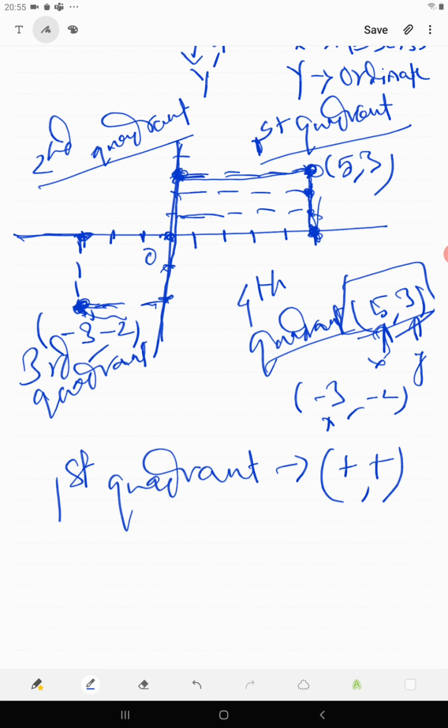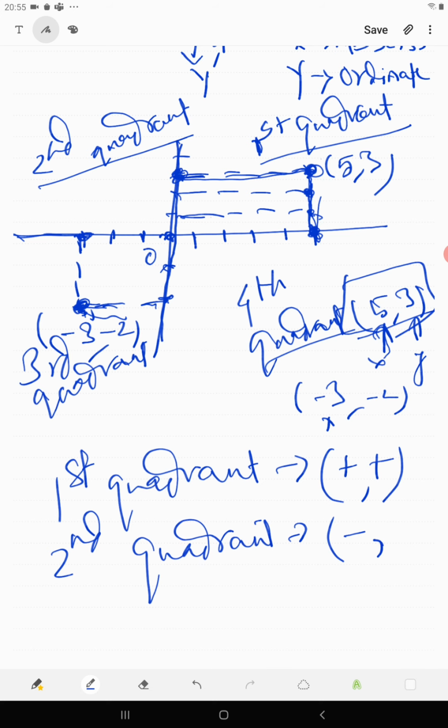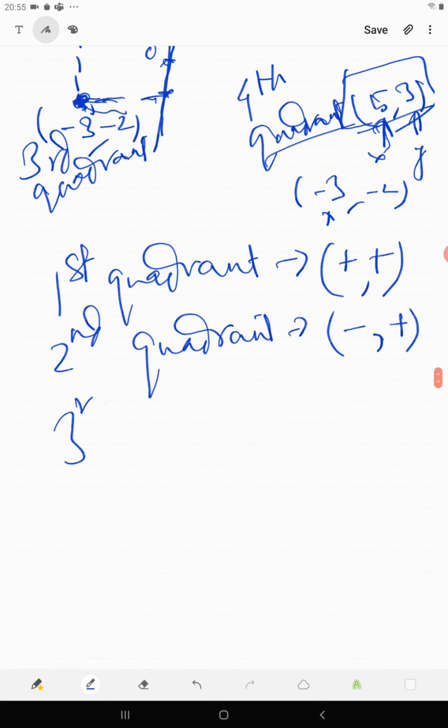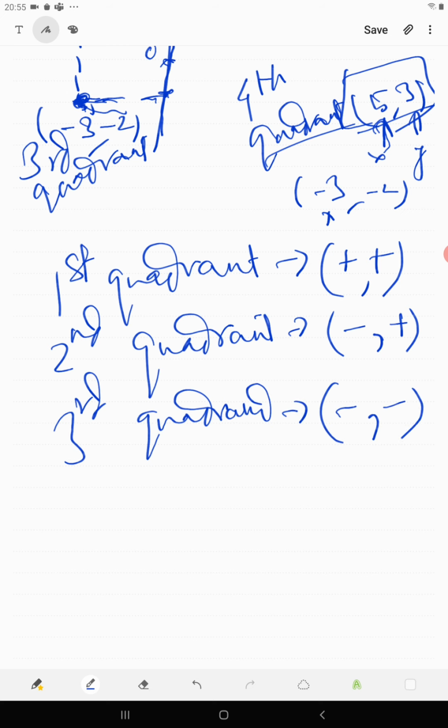In the second quadrant x will be negative and y will be positive. In the third quadrant both x and y will be negative.